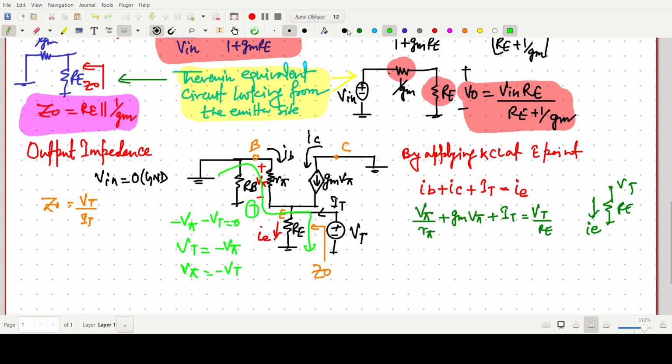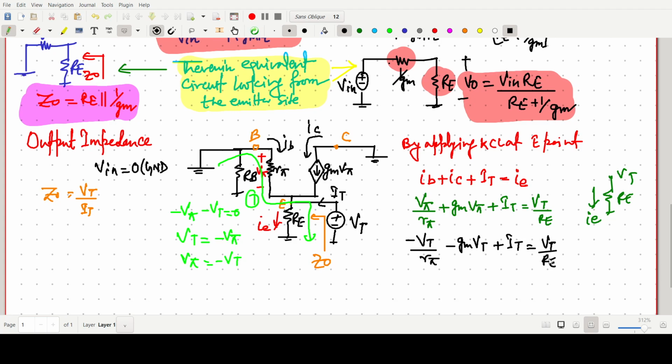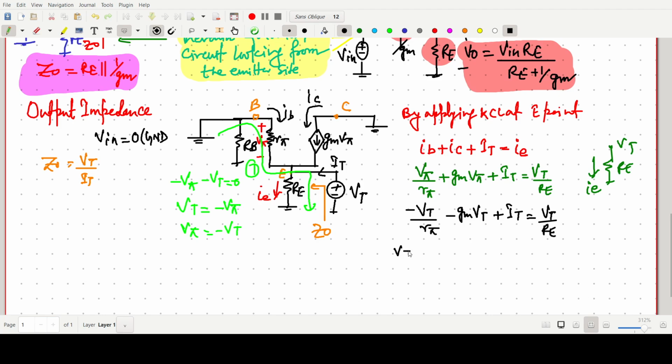So I am writing here minus Vt by r pi minus gm Vt plus IT equals Vt by Re. Now put Vt on one side: Vt times (1 by Re plus 1 by r pi plus gm) equals IT.